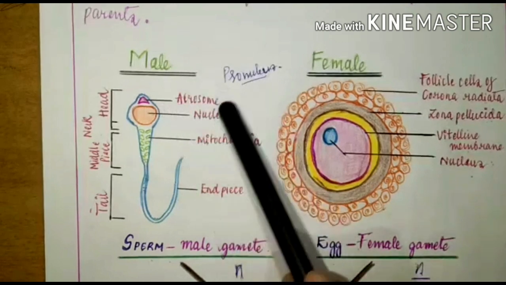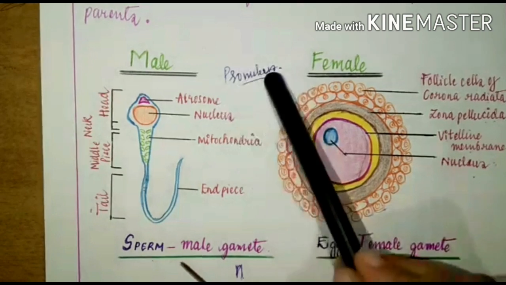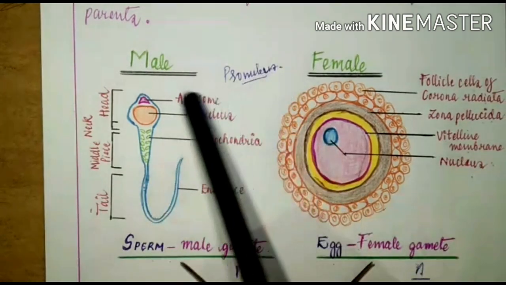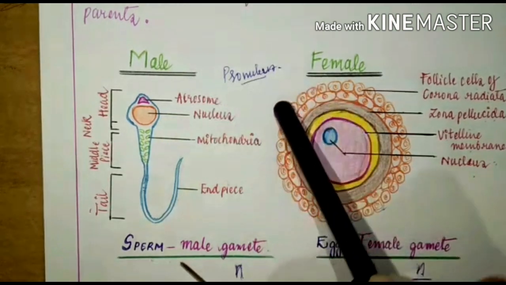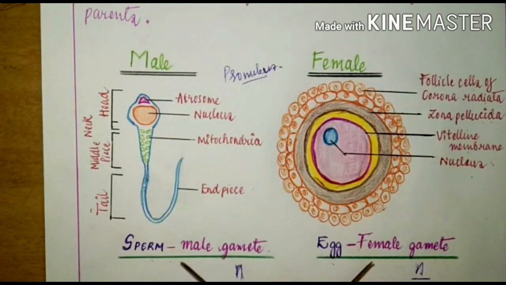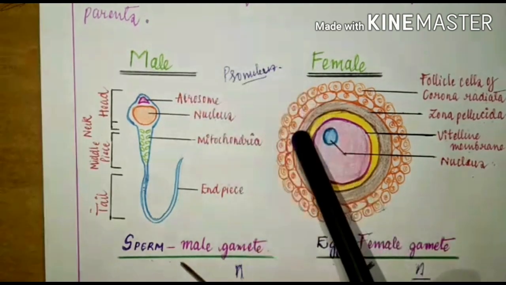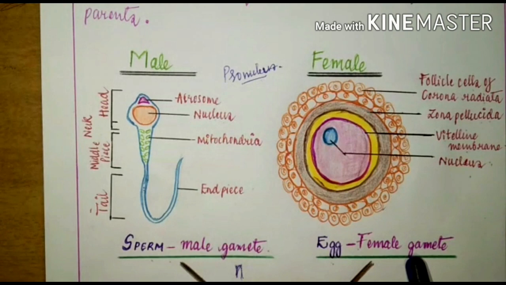The acrosome is nothing but a modified Golgi body. The function of the acrosome is to help dissolve the layers of the female gamete.